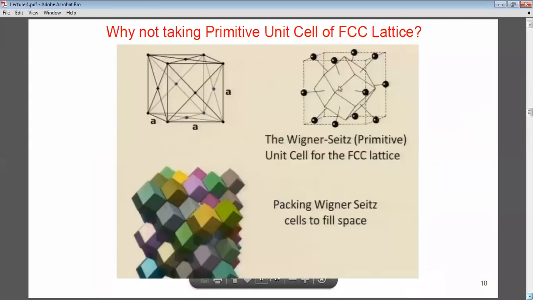It's again because, for example, here the Wigner-Seitz unit cell is very, very ugly, and it's very difficult to deal with. So look at this compared to this one. Here I can see atoms. I can see how they are changing, what is the location, how to reach them. But in this one, it is very ugly to deal with.